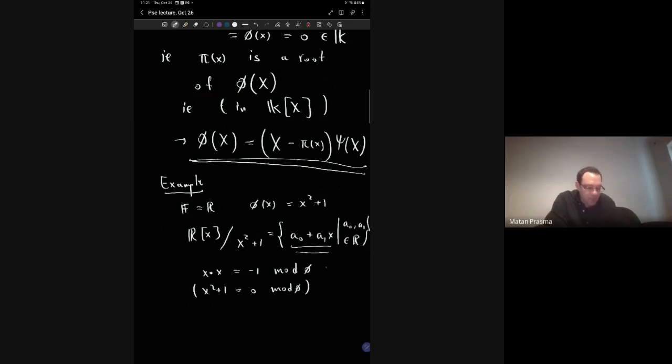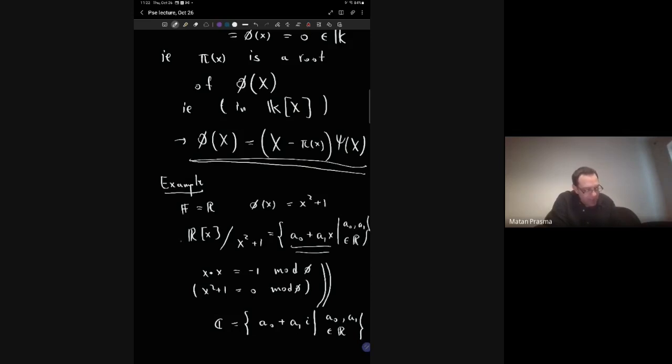And of course, this is just a different notation for what we know to be the field of complex numbers, namely the set of all expressions of the form a0 plus a1i, where a0 and a1 are real numbers, such that, of course, i squared is equal to -1.